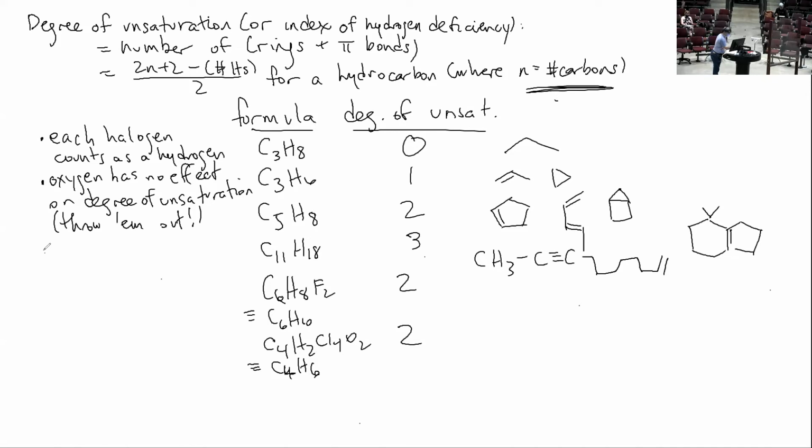Last but not least, for nitrogen, it's a little more complicated than oxygen. And that's because nitrogen's weird, it's 3 bonds. So for each nitrogen, the way I like to think of it is throw out NH from the formula.